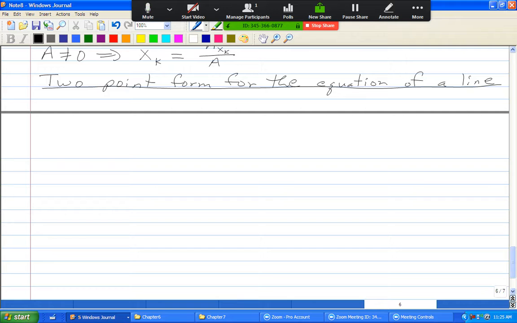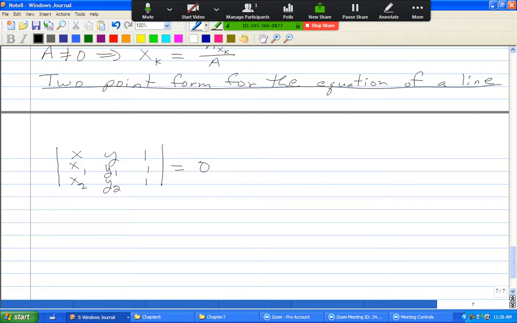And so it's just the determinant of x, y, 1, x1, y1, 1, x2, y2, 1, equaling 0. That is the two-point form for the equation of a line.